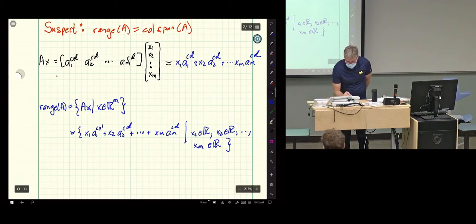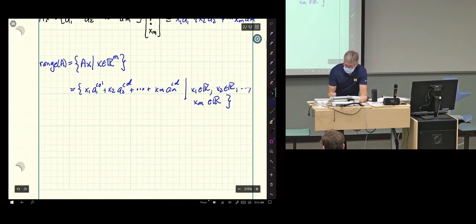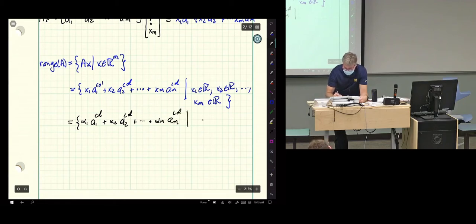Okay, so recognizing A times X as a linear combination of the columns, that is super, super key. So I hope that works for you. Now, when we write linear combinations, we often prefer to have things that look like numbers. So I'll just rewrite this, even though I don't have to, so that it looks like the numbers we typically use when we do linear combinations.